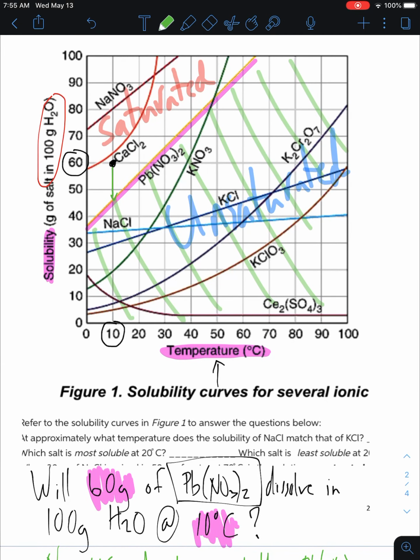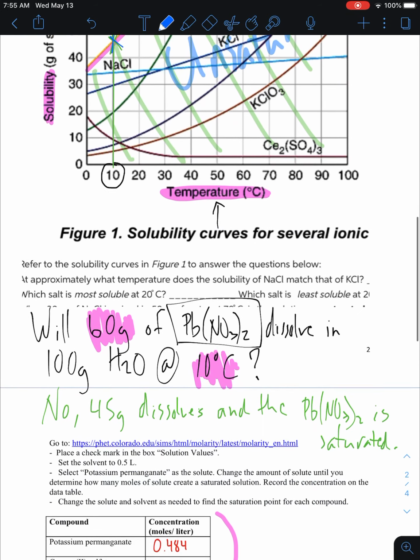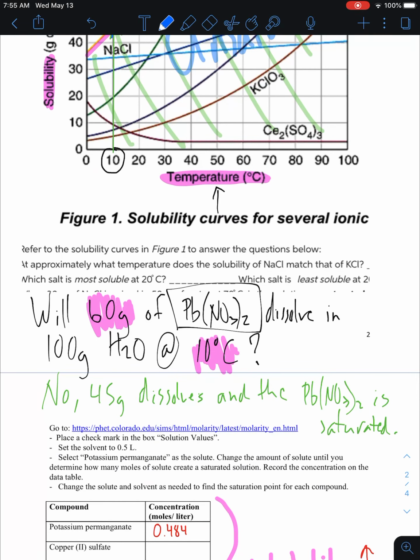So we add 10, 20, 30, 40, 45 grams. And at this point right here, we get a saturated solution. And everything we add beyond that point is going to sit on the bottom. So of that 60 grams, 15 grams will sit on the bottom of the glass.